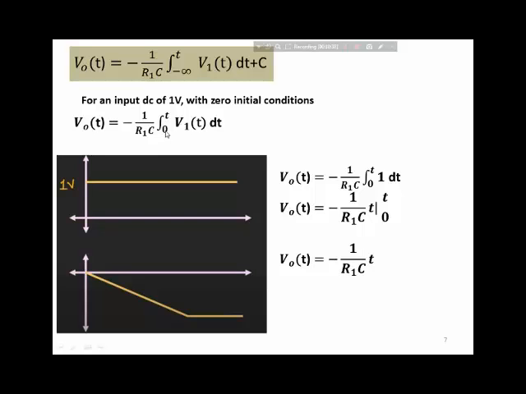Before time t equal to 0, the value of the output is 0, and we are starting the integration after t equal to 0.